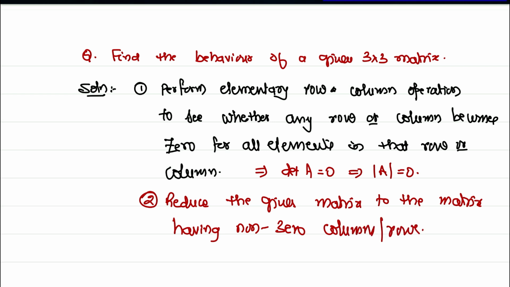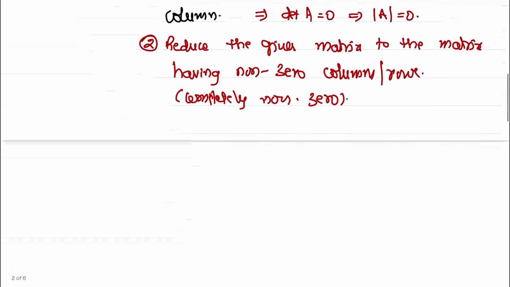Non-zero means not completely zero. Completely non-zero is not required; a single element being zero doesn't matter. This is the most important step. This I will explain to you.